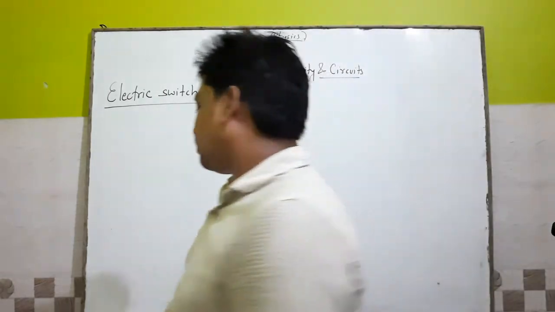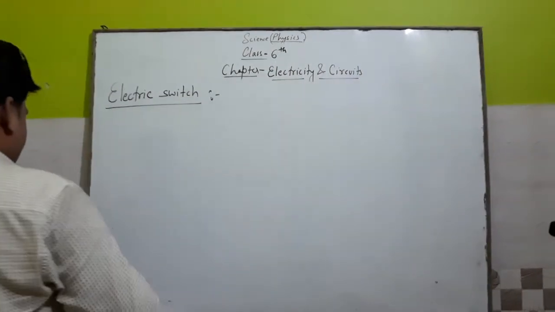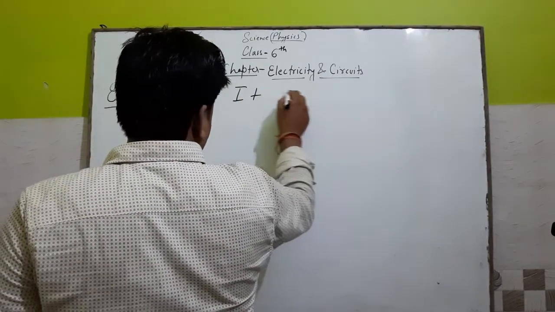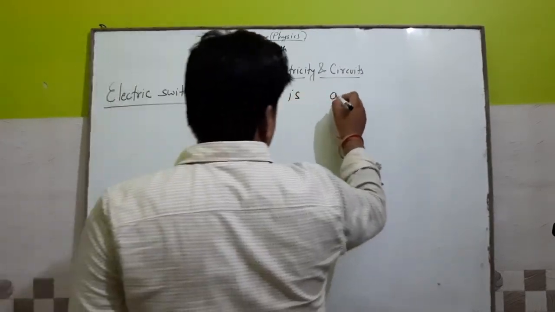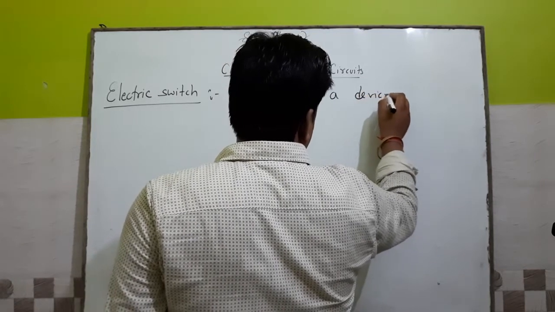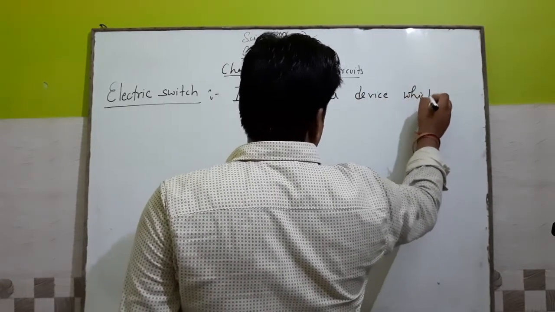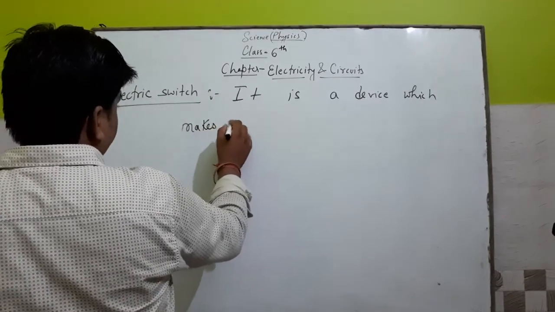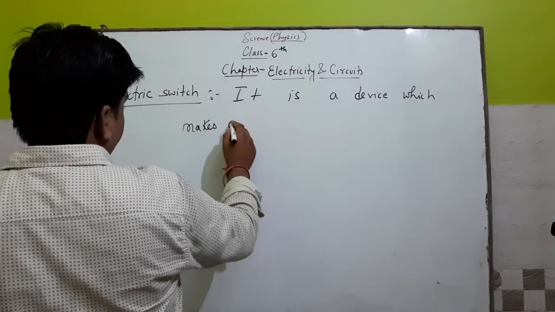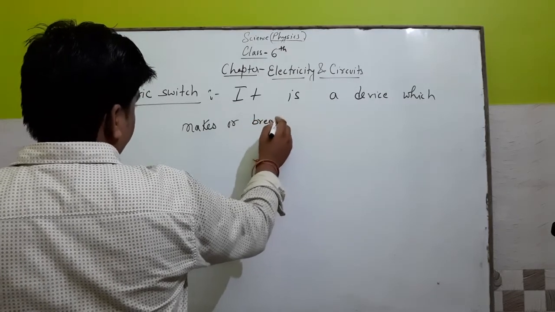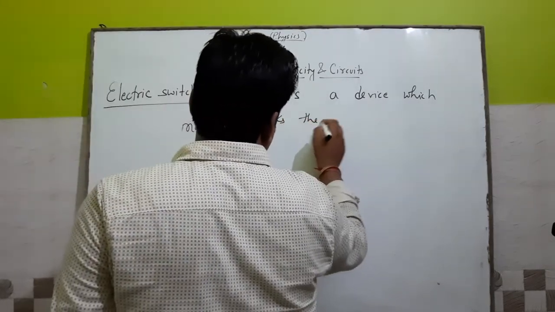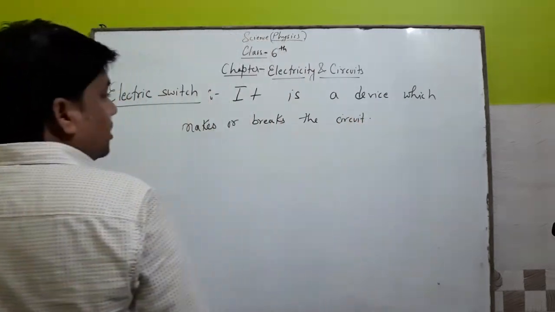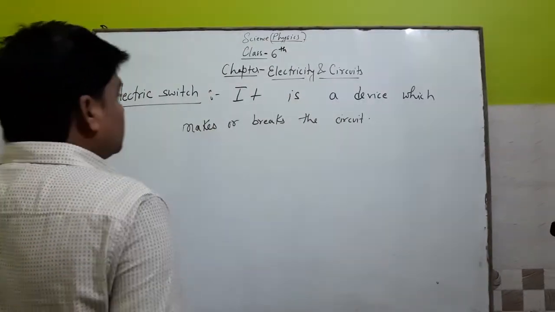Write down. See here. It is a device which makes or breaks the circuit.